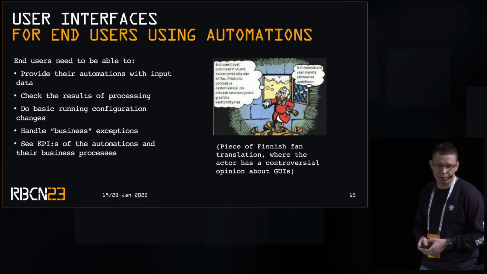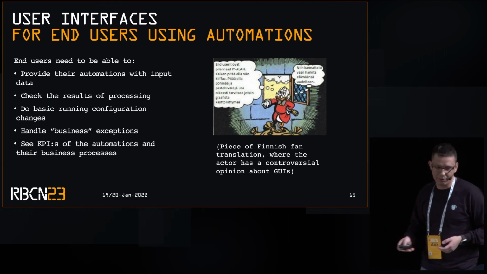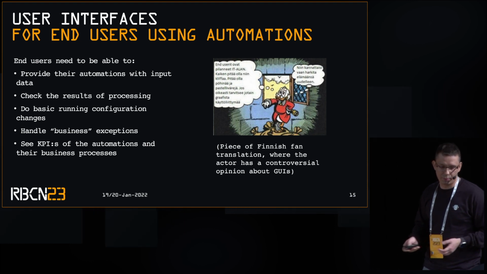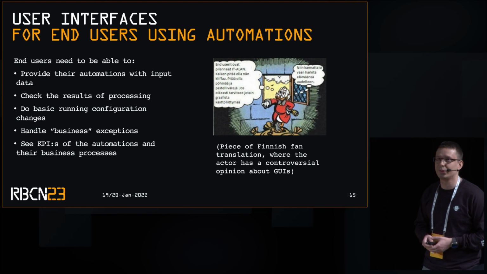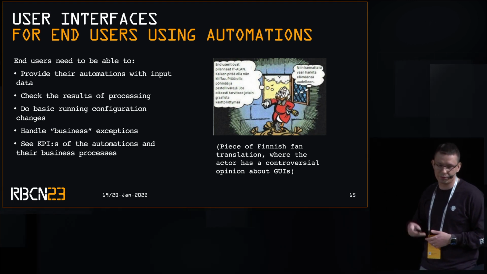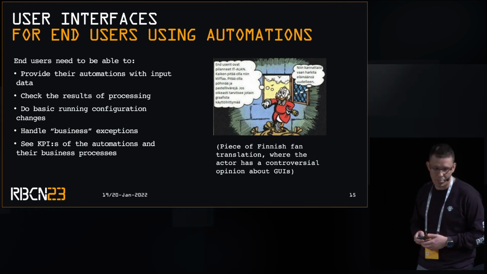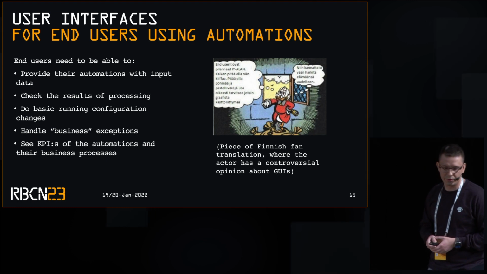They might also want to do some basic running configuration changes, so the UI would need to handle that. And also the business exceptions, where the business process owners themselves can fill in the missing data or fix it for retrying without having the developer in the loop. And also the key performance indicators we already mentioned.